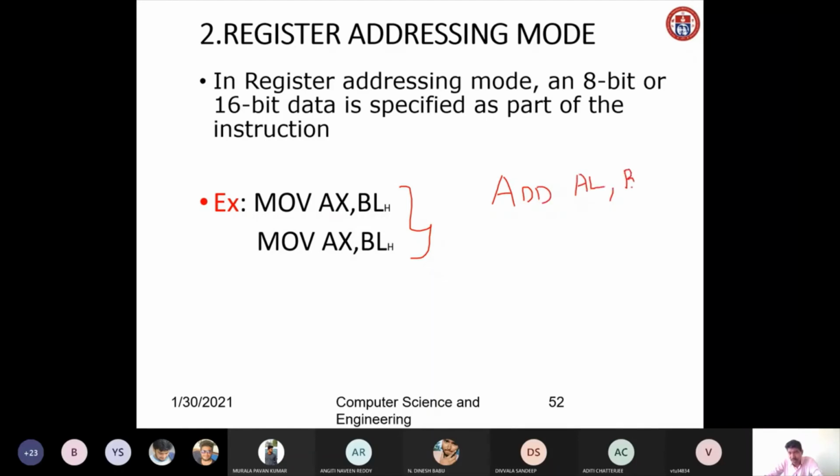AL is an accumulator register, and BL is a base register. The meaning of this instruction is AL equal to AL plus BL. Like this it will do. This is the register addressing mode.